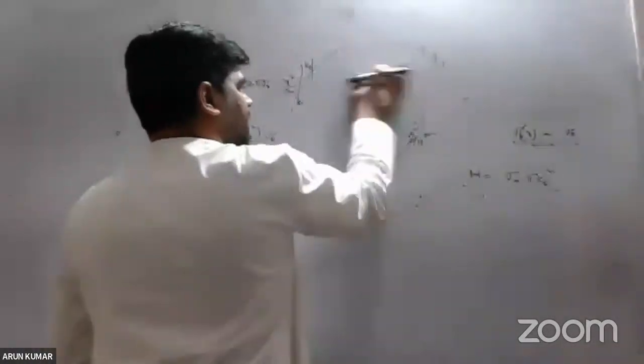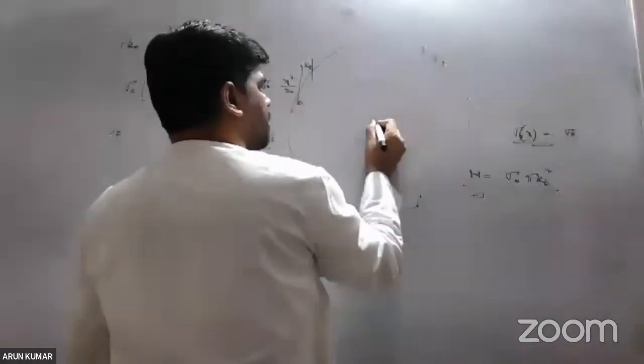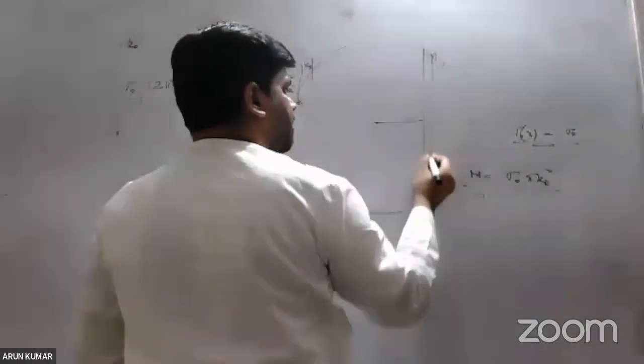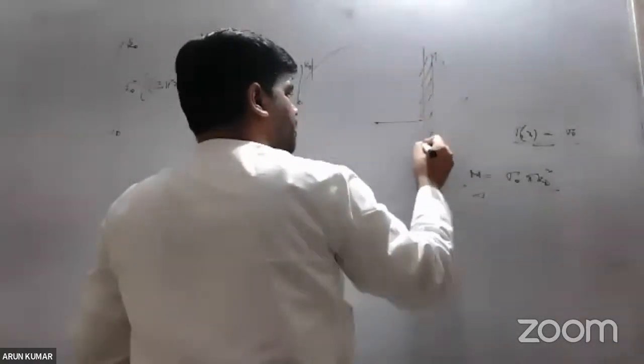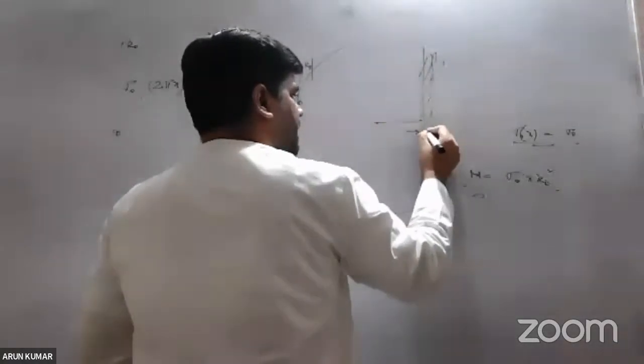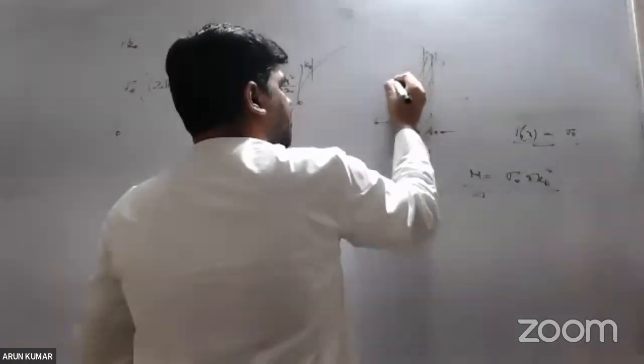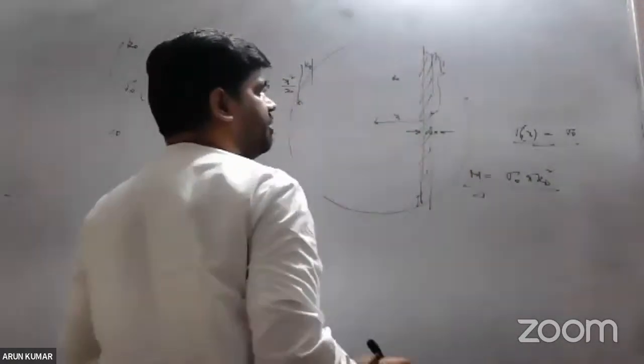All right. Now let us, instead of taking the circular strip, take this strip. What is the area of the strip? Width is dx, at a distance x, radius r naught. What is the length of this one? Pythagoras theorem.